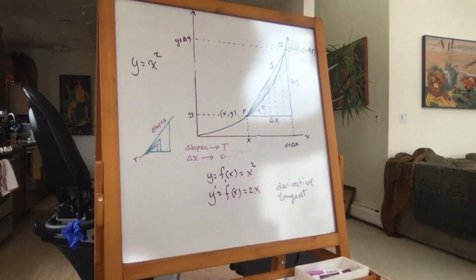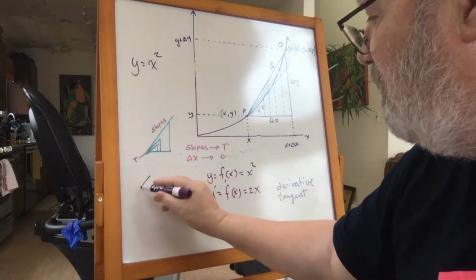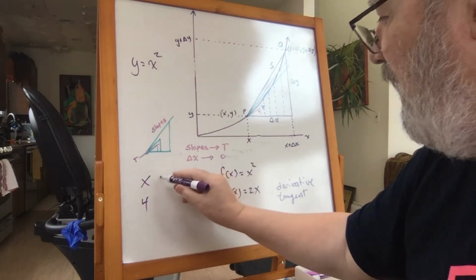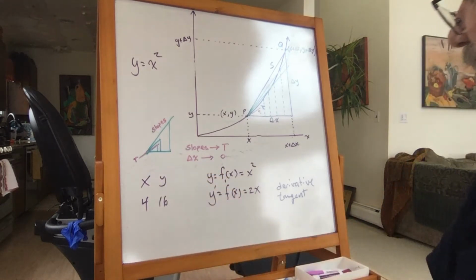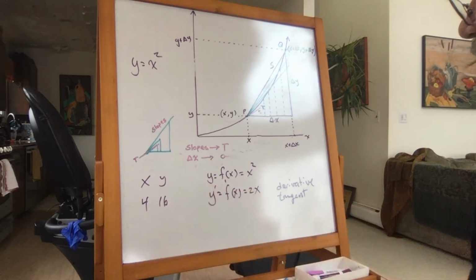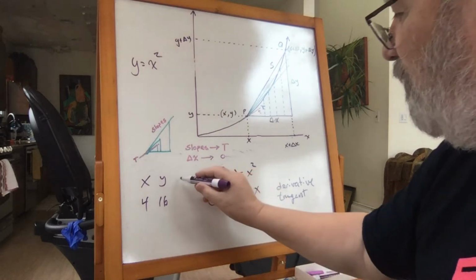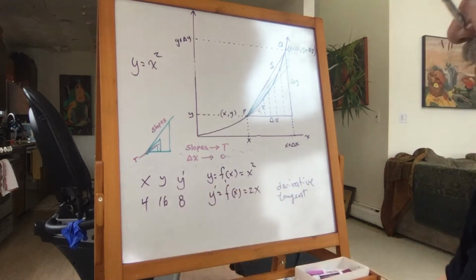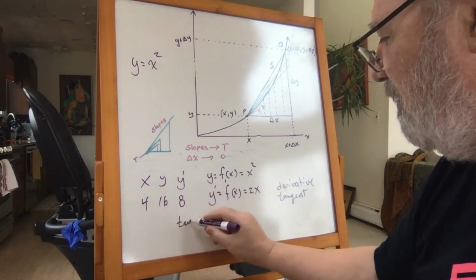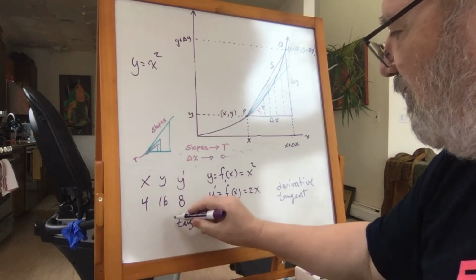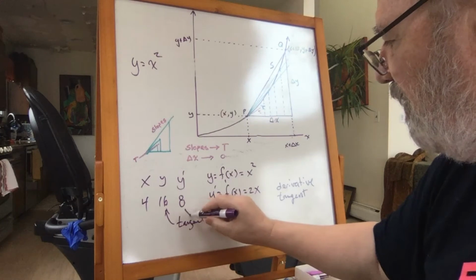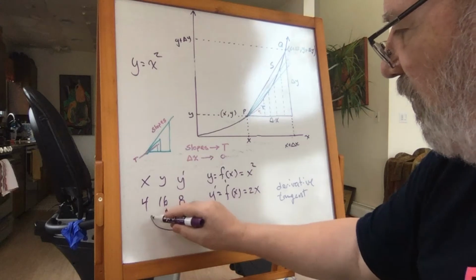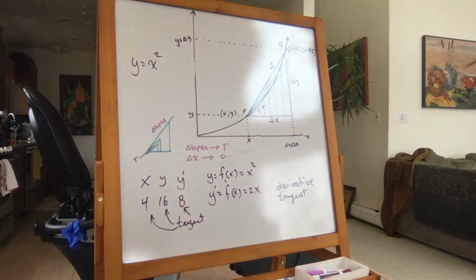So let's take a look at, let's say x is 4. Then y is 16, because 4 squared is 16. And y prime would be 2 times 4, that's 8. So the slope or the tangent at x equals 4 and y equals 16 is 8.